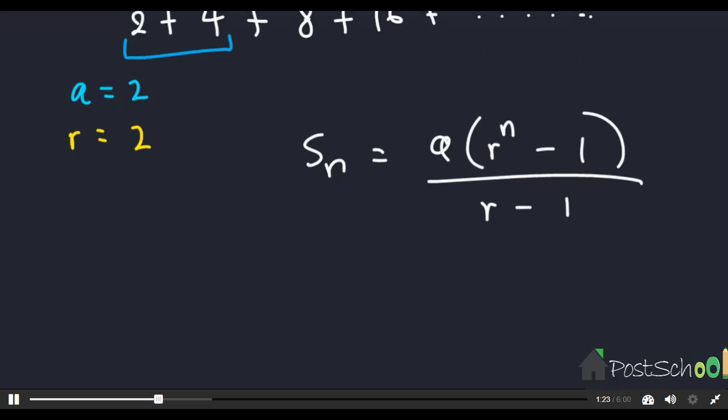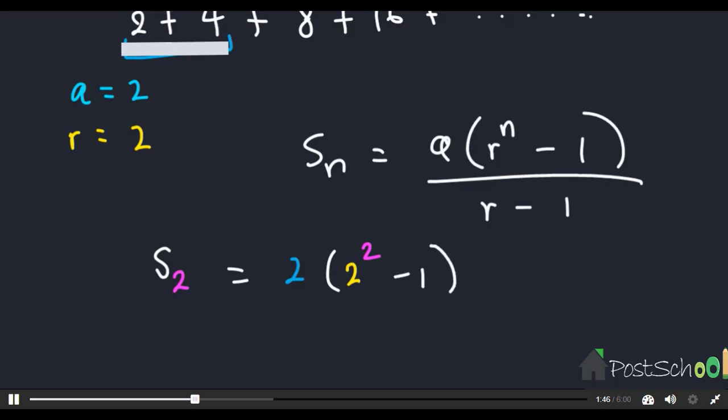Right, so I'm summing the first two terms, so that's going to be s2, which is going to be equal to: a is 2, and then r is also 2, to the power n, which is 2 because I'm summing the first two terms, minus 1, all over 2 minus 1.